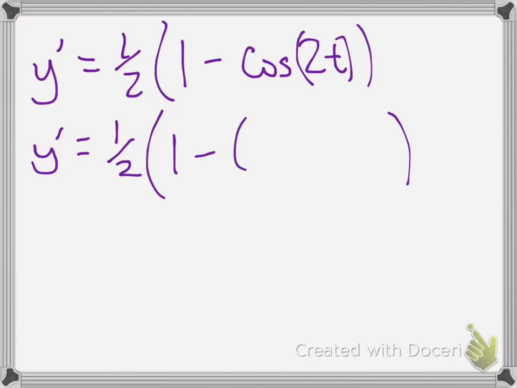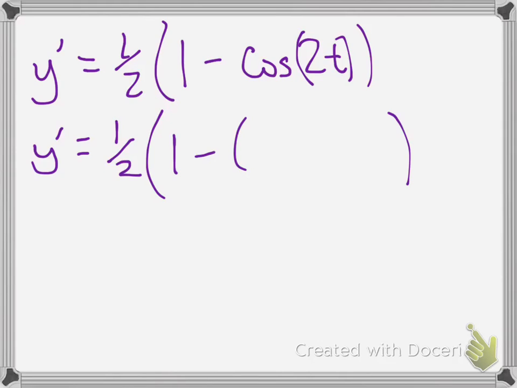Now, there is a double angle formula for sine. So sine of 2x is 2 sine x cosine x, and then there are 3 double angle formulas for cosine. You may want to go look those up. Then again, I'm just going to tell you what the one is that we want.